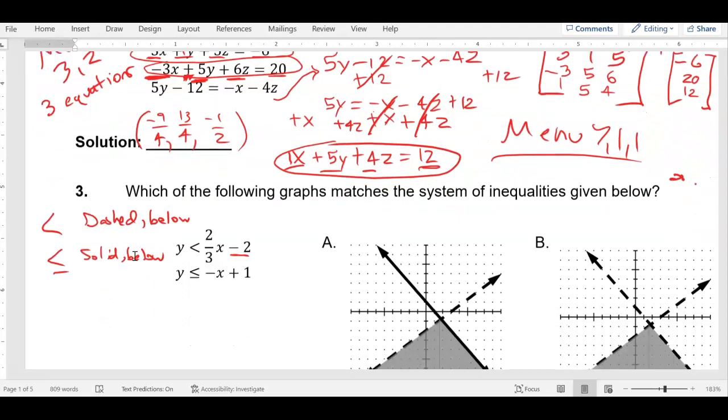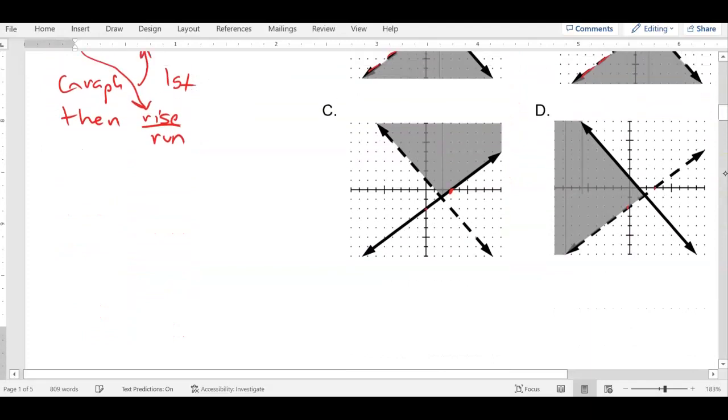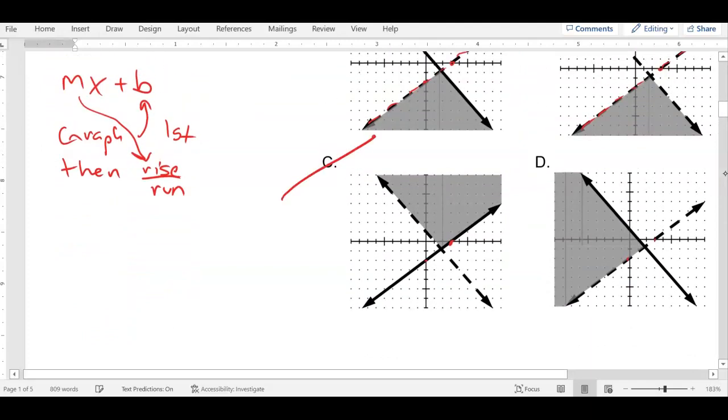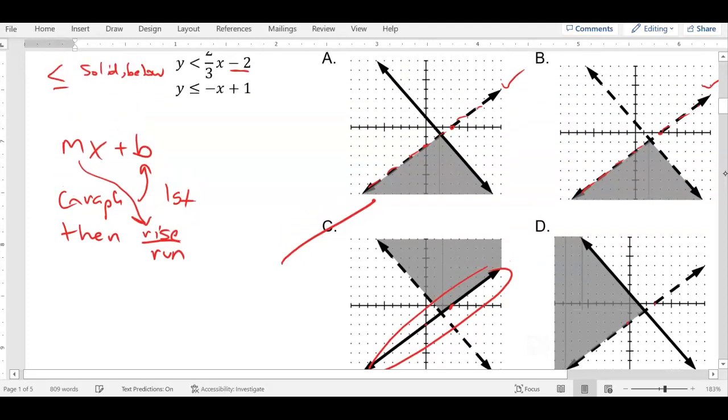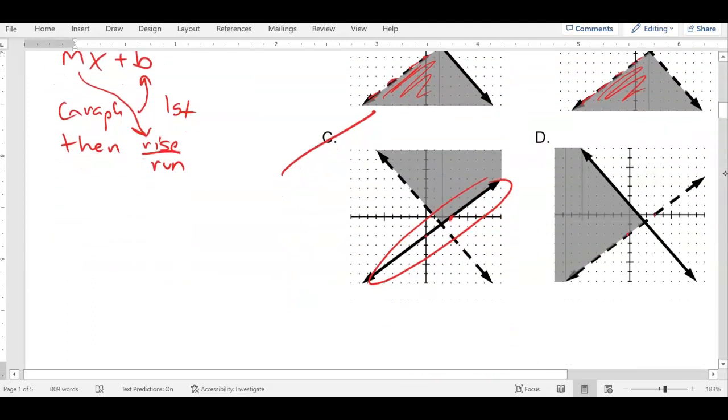Okay, so this needs to be dashed, so that's good. Dashed, that's good. All right, it can't be C because of this. Okay, cool. And then it has to be shaded below that one. So below here, yes. Below here, yes. Not below here, wrong.